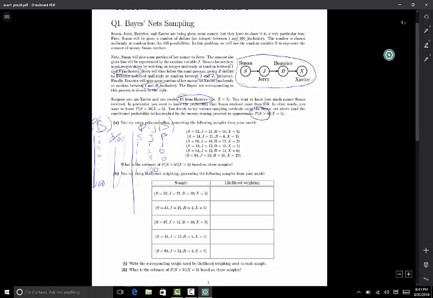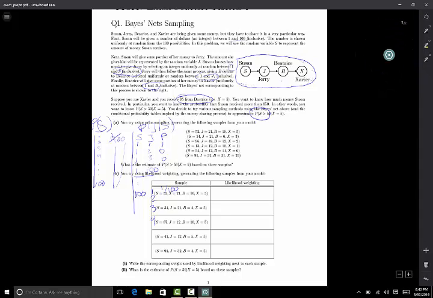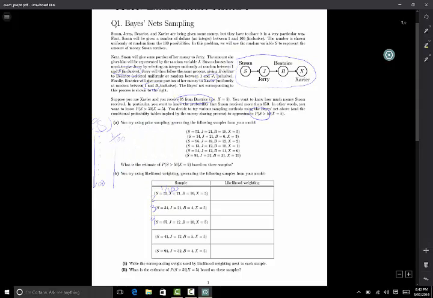But perhaps if Susan got $100, then Jerry would also have the domain of 100. And then the probability would be 1/100th each. So in this way you could, if you wanted, write out a probability table for this Bayes net, but it would be very big, and so we're not going to, because we don't need to.